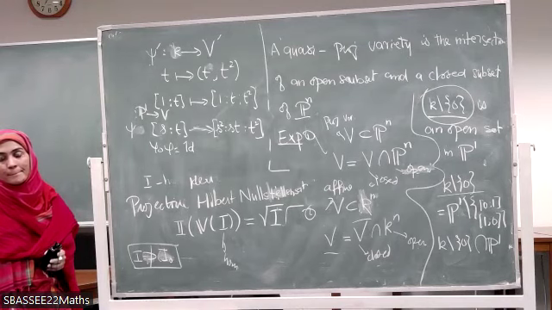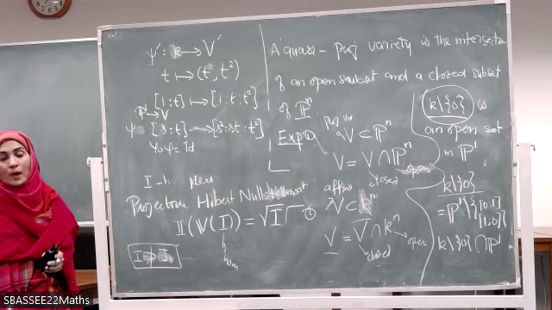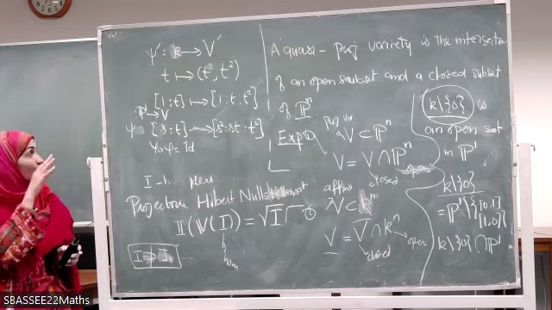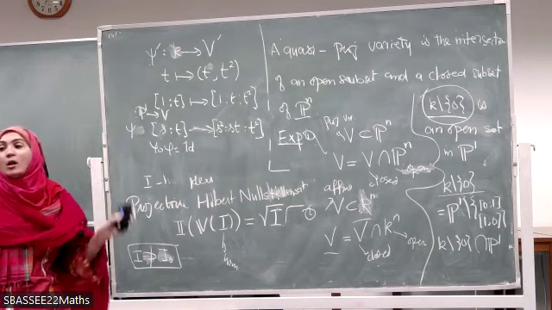Is there any set that is not a quasi-projective variety? The answer is yes, because at this moment we have not defined all varieties.